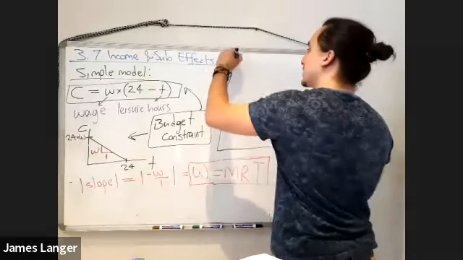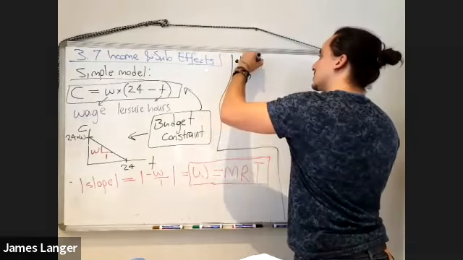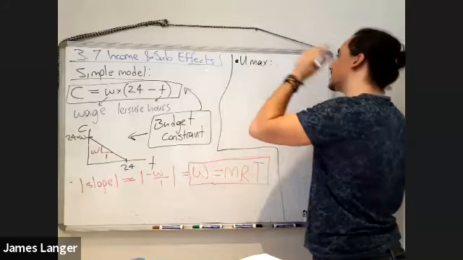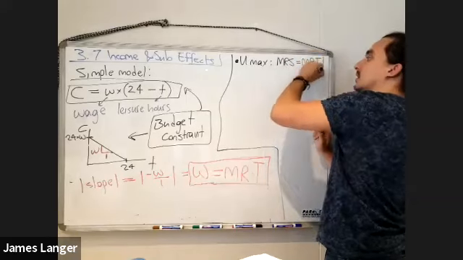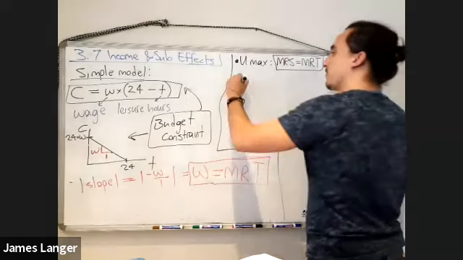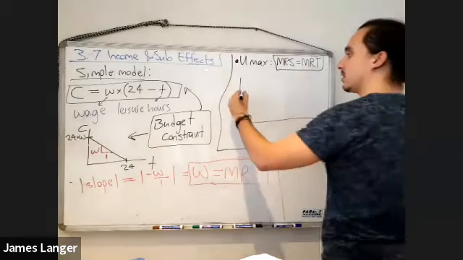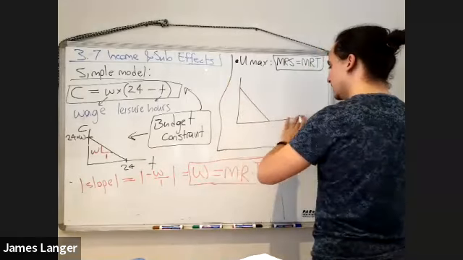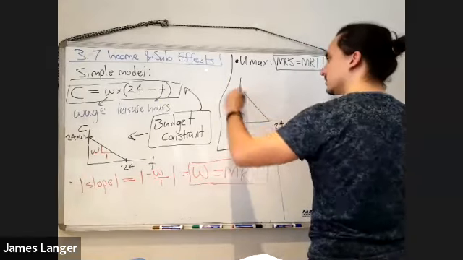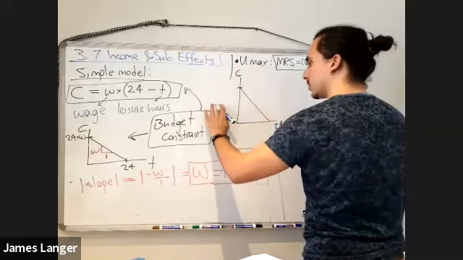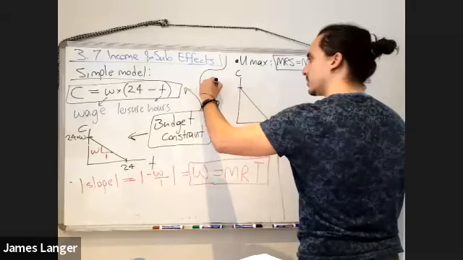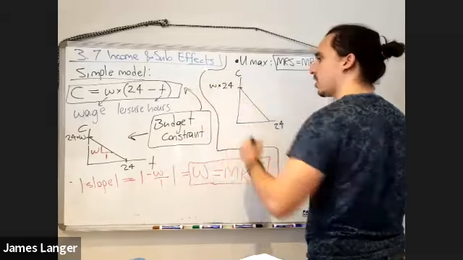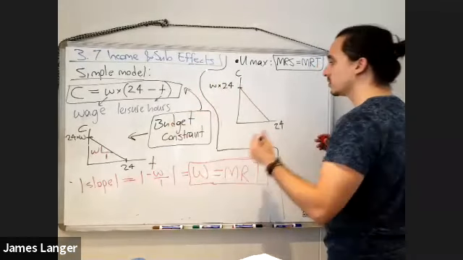Again, we said that utility is maximized when MRS equals the MRT. Okay? So if we use this simple example, if that's my budget constraint, this is going to be equal to W times 24, or 24 times W, right?